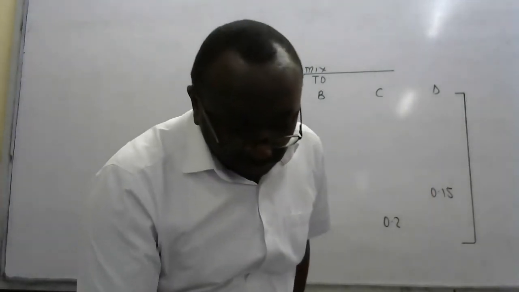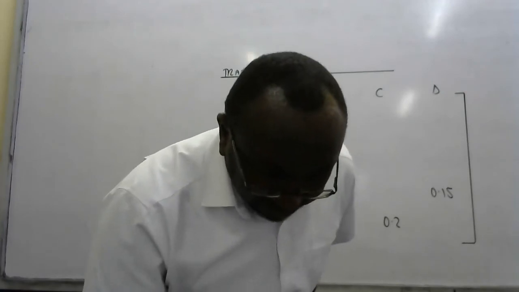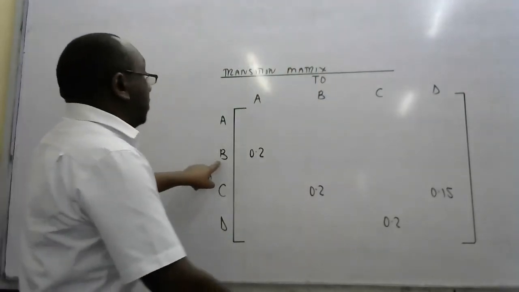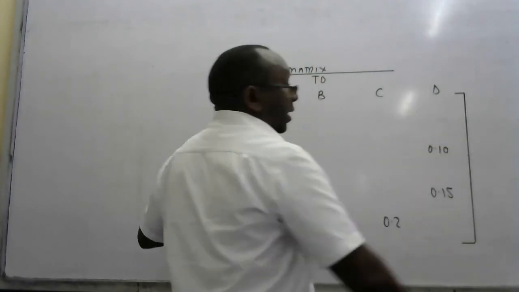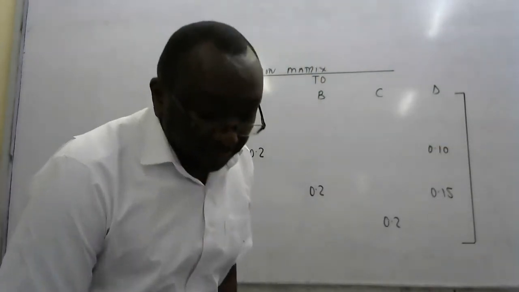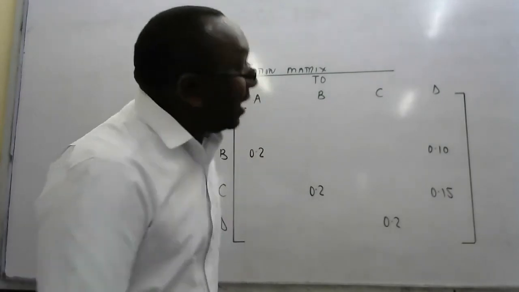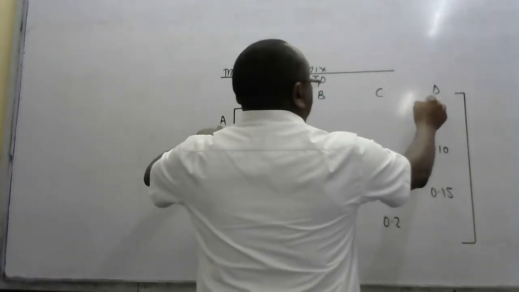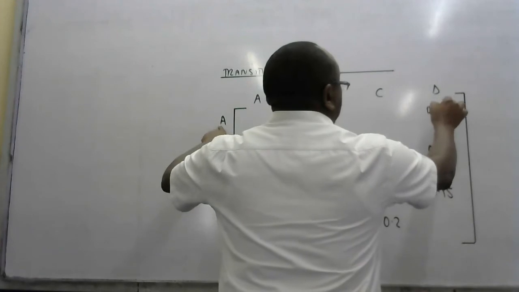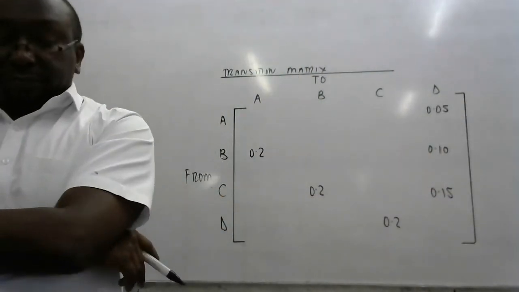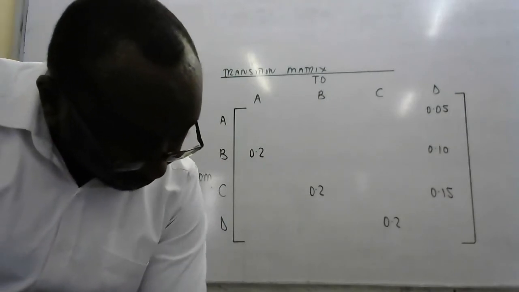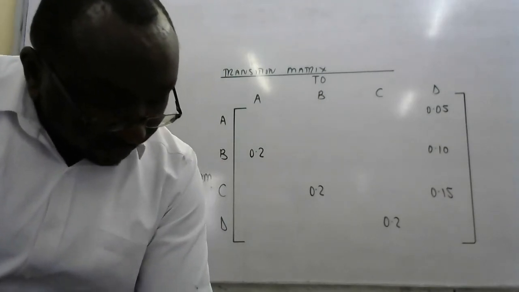Then the guys we lose from B, they are 10%, and they come in as B. And the guys we lose from A, they are 5%. We put them here. That's all.